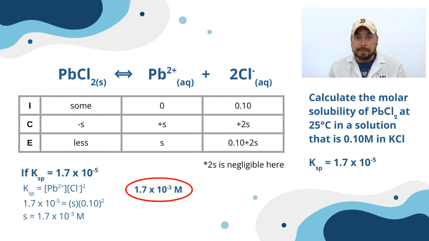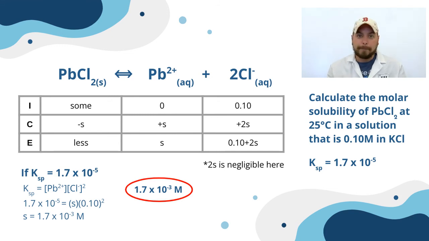That being said, we can still ignore the x. So we're going to ignore the 2x that we're adding there. As a result, at equilibrium, the concentration of lead is going to equal x, and the concentration of chloride is simply going to equal 0.1. We take these values and plug them into our equilibrium expression, our KSP, which is equal to the concentration of lead ion times the concentration of Cl- ion squared.